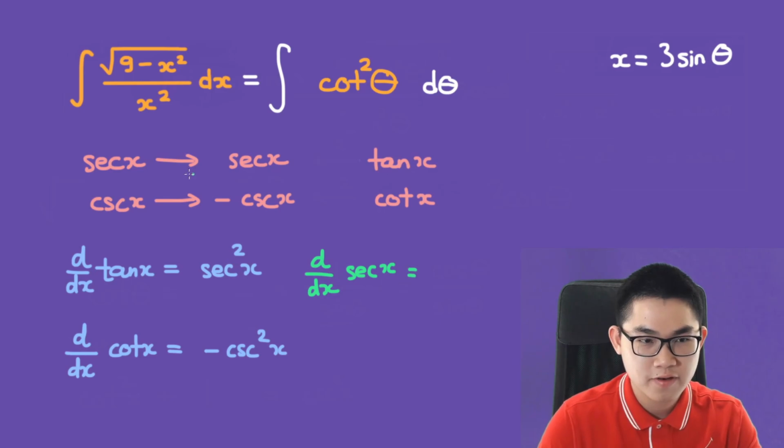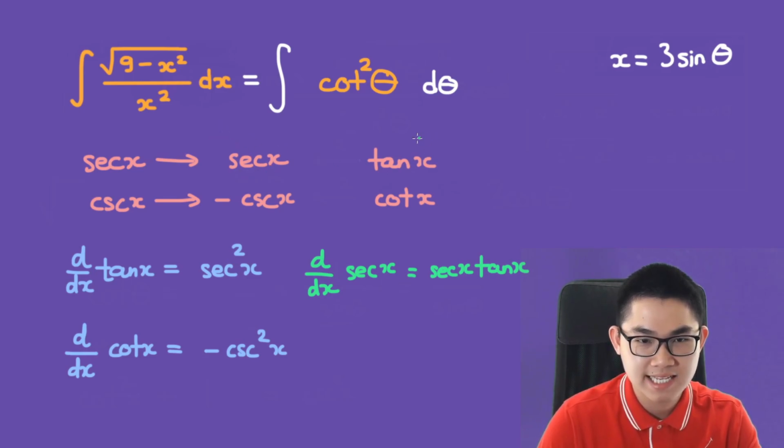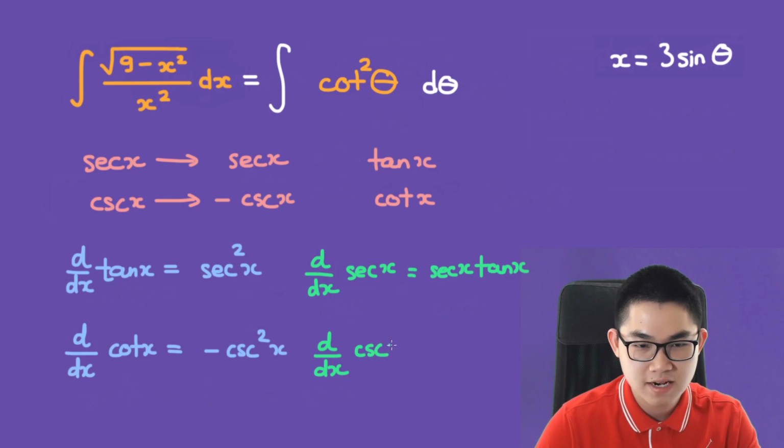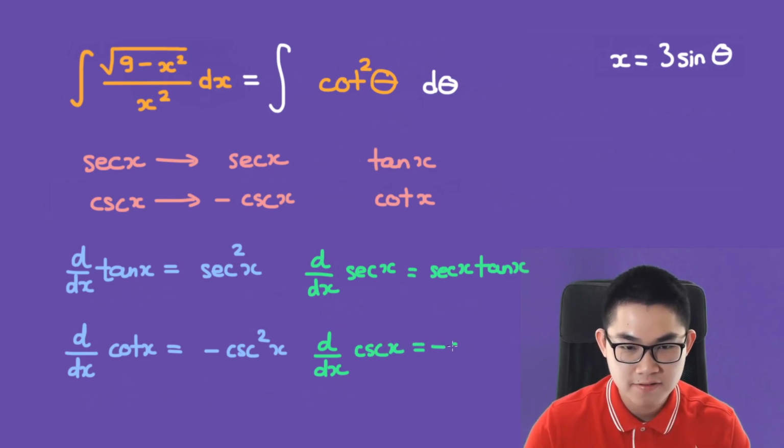So the derivative of secant of x is secant of x, tan of x, because here we see secant of x, then tan of x. Then the derivative of cosecant of x is negative cosecant of x times cotangent of x.